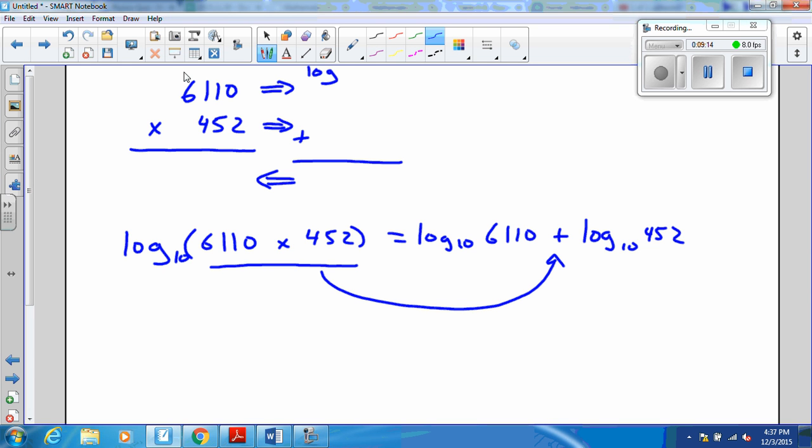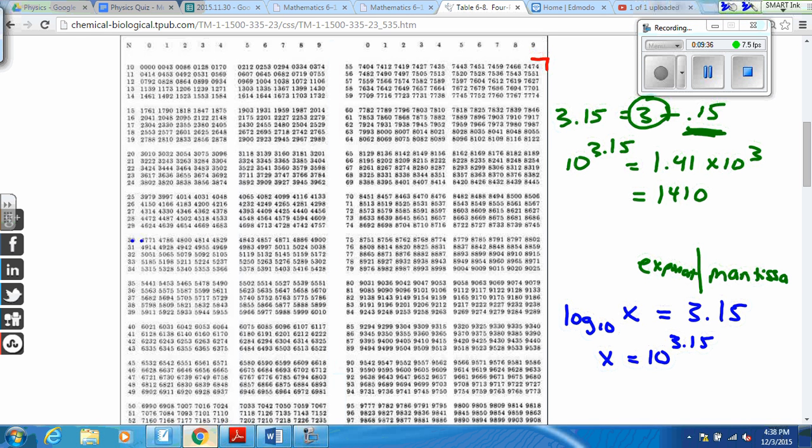So let's actually do that. First, think in terms of scientific notation. This guy is going to be 6.11 times 10 to the third. This guy is going to be 4.52 times 10 to the second. And so if I now go to my table, and I'm going to look up 6.11 times 10 to the third, here it is in my table.